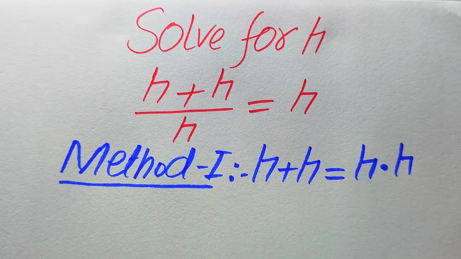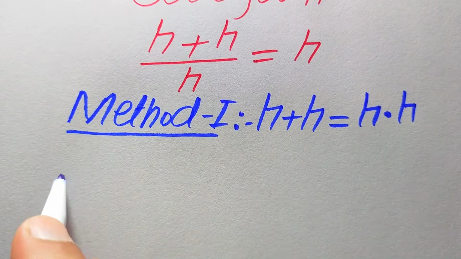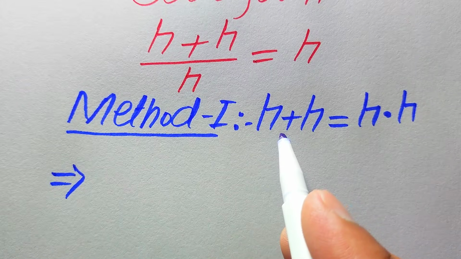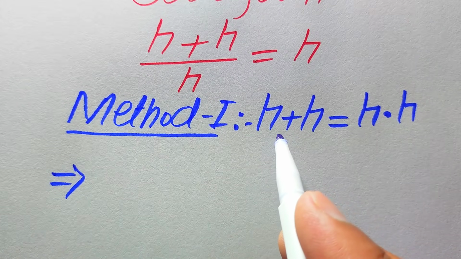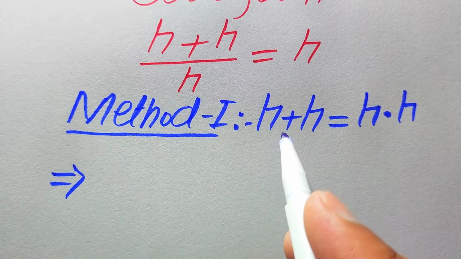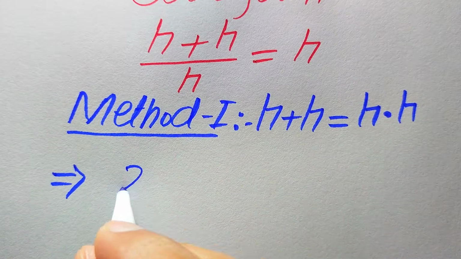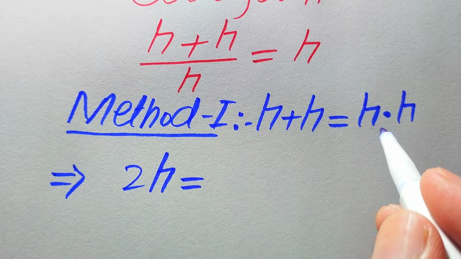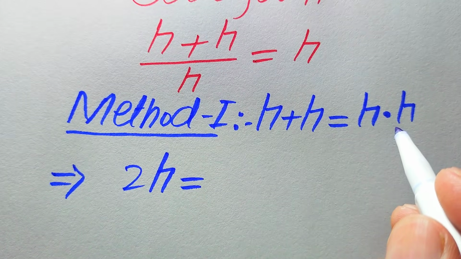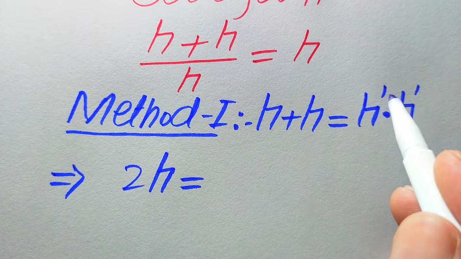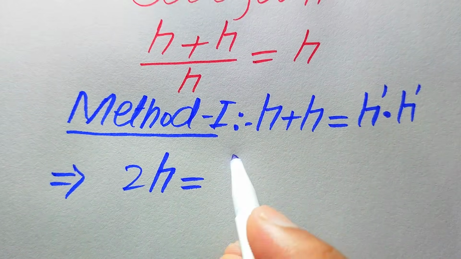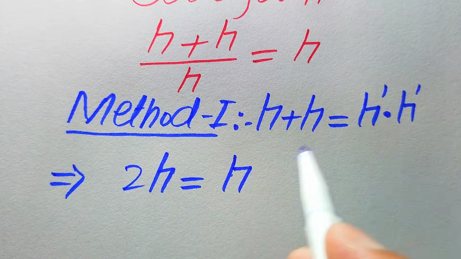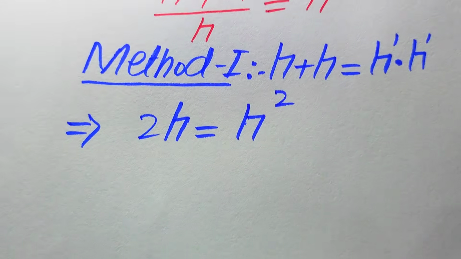Further, these are two same variable terms added by each other, so we add the coefficients and get 2 times h is equals to h to the power of 1 plus 1, which becomes h squared, because when two same variable terms are multiplied we add the exponents.